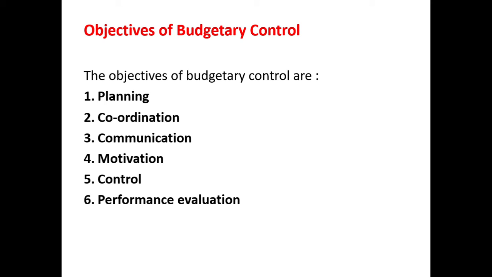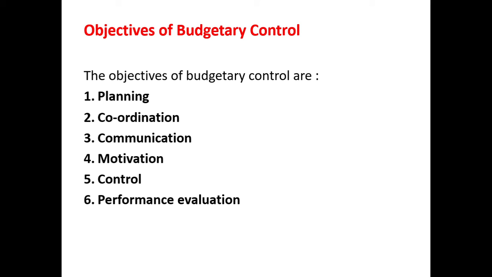The third objective is communication. A budget is a communication device. It is not the budget itself that facilitates the communication, but the vital information is communicated in the act of preparing budgets and the participation of all responsible individuals in this act.